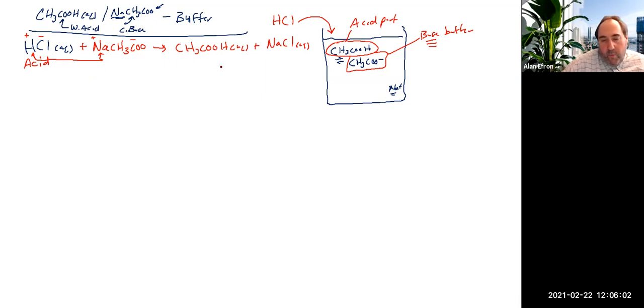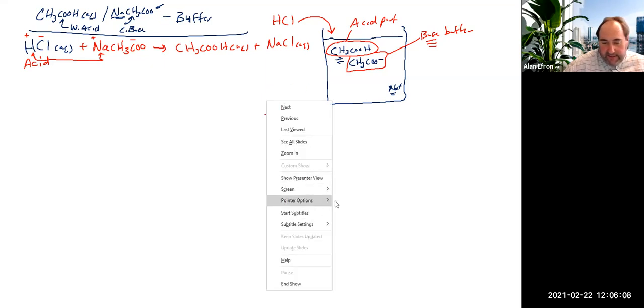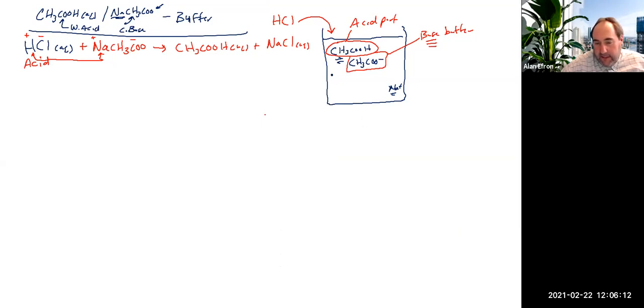Now, if we look at our solution and see what we have in there at this particular point, we just produced some acetic acid, which was already in there to begin with, right? So that's obviously not going to screw anything up in terms of the pH.